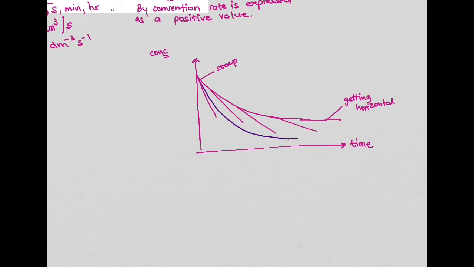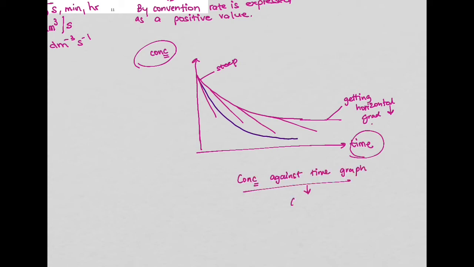So if a line is tending towards horizontal, the gradient is decreasing. Because it's a concentration against time graph, the gradient indicates the rate. So if gradient decreases, rate decreases. On the pink graph, the slope is getting less steep, it's getting horizontal, so the gradient is decreasing, so the rate is decreasing.